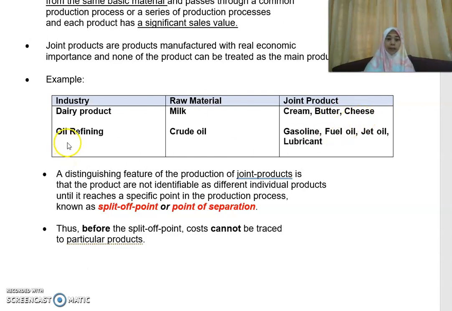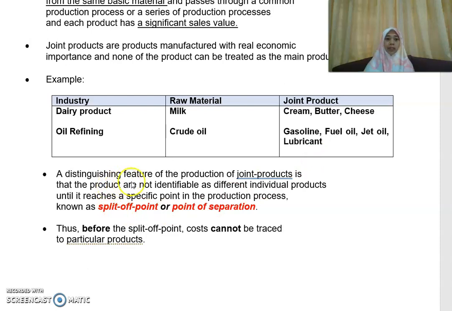In oil refining, you are processing crude oil, and at the end of the process you will get gasoline, fuel oil, and lubricant. These are all known as the joint product.